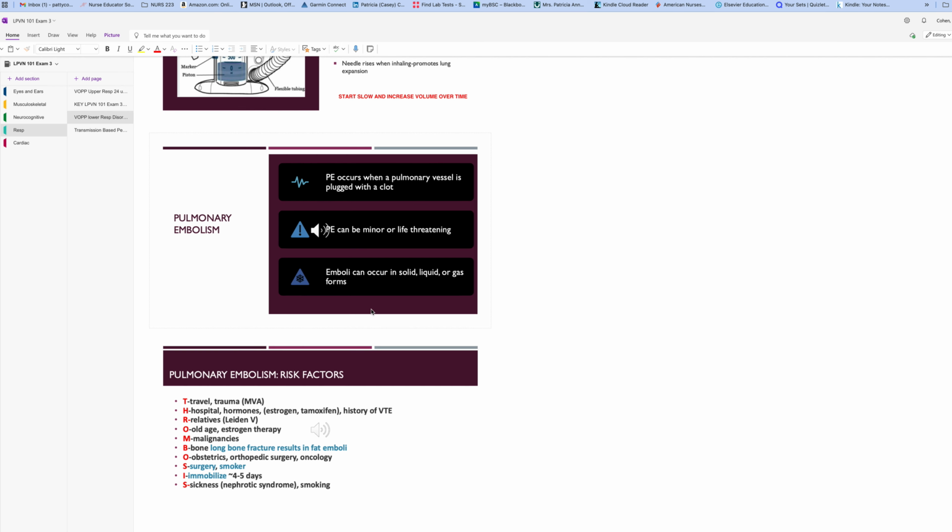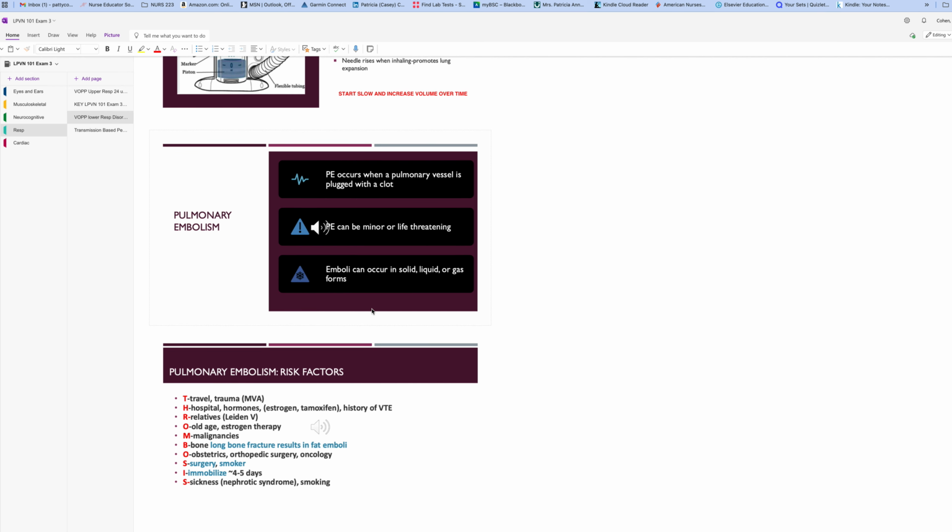And we talked about earlier with the musculoskeletal problems that patients can get fat emboli. The difference in signs and symptoms between a pulmonary embolism from a DVT versus a fat emboli is with fat emboli, they have a petechial rash on their chest and axilla around that area and neck, okay?